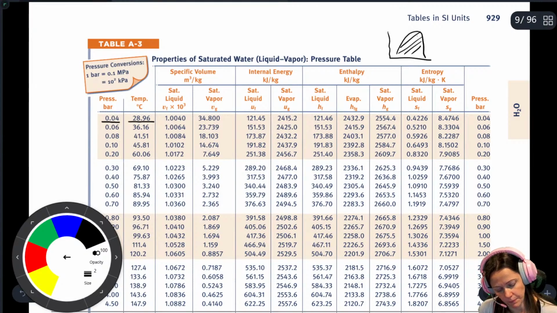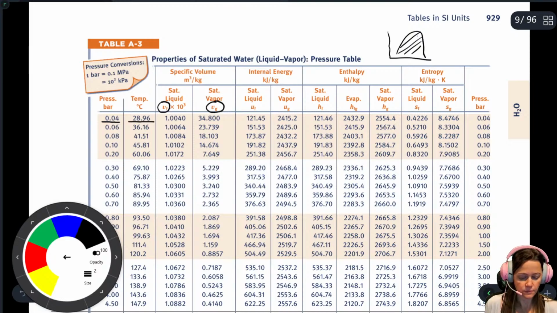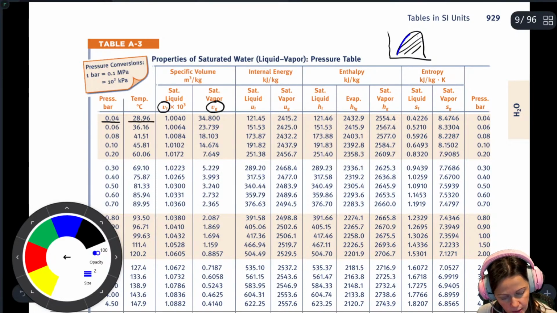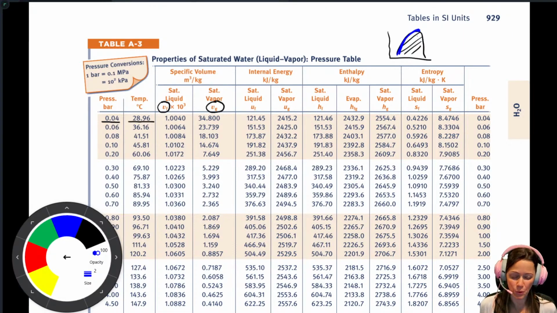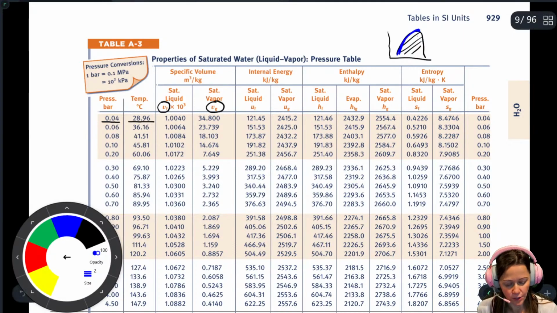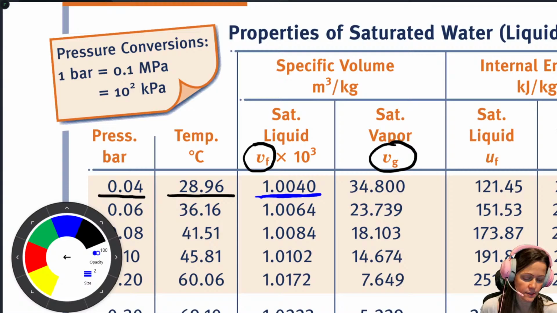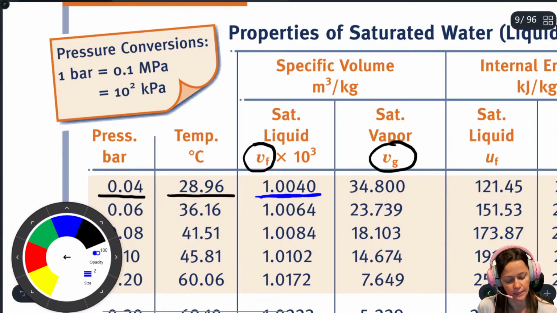So there we go. Here's our V sub F, and there's our V sub G. If you have a saturated liquid, so you're right on that line, at say 0.04 bar, then your specific volume is going to be 1.004 times 10 to the negative 3, because it's already been multiplied by 1,000.